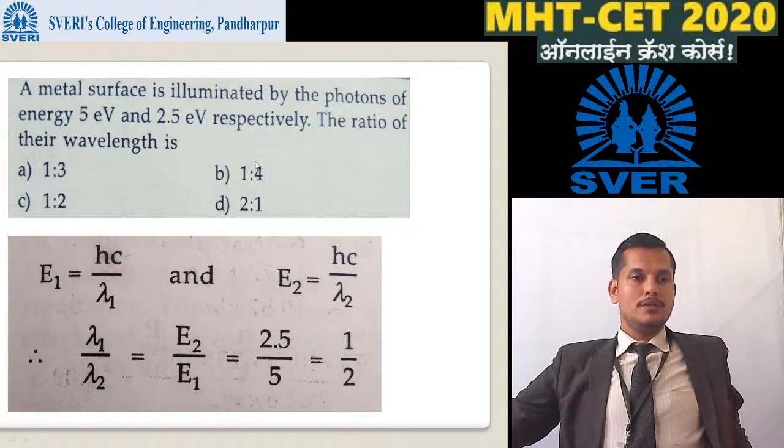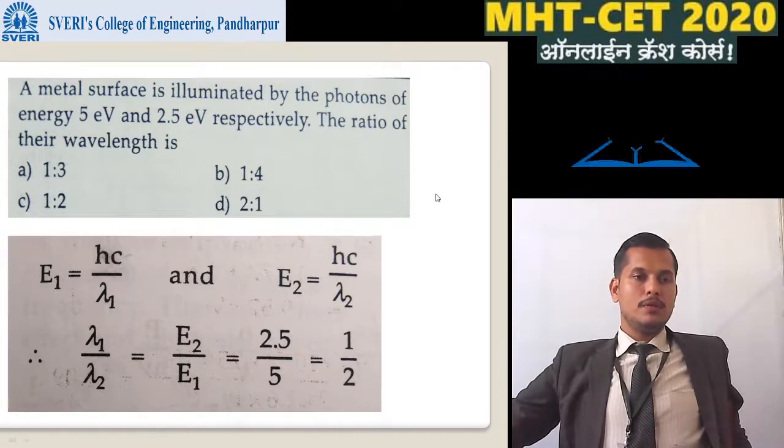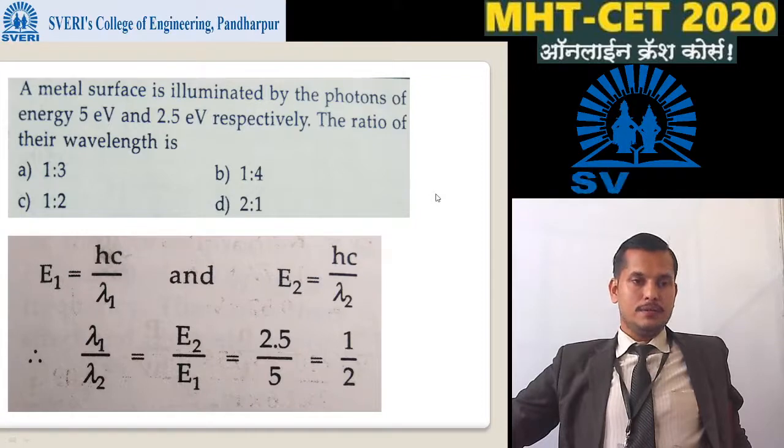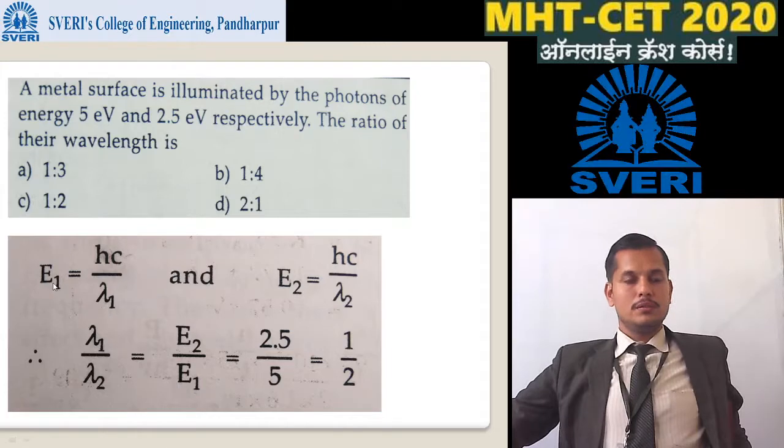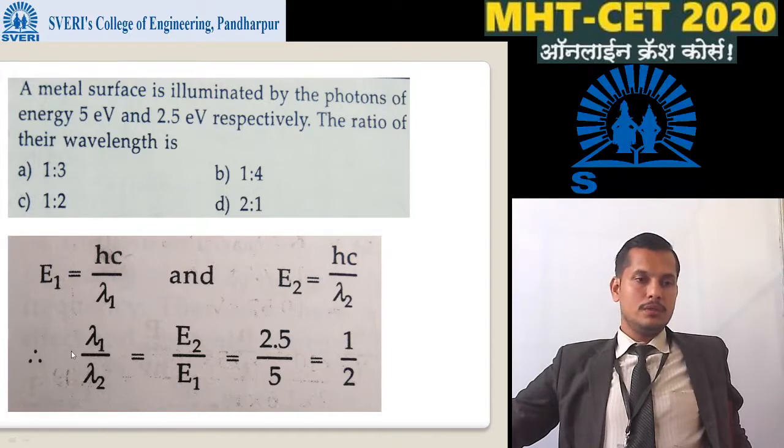A metal surface is illuminated by photons of energy 5 electron volt and 2.5 electron volt respectively. The ratio of their wavelengths is? For that we have to know this equation, that energy is nothing but hc by lambda. So h nu is equal to h nu, from that we got this equation.